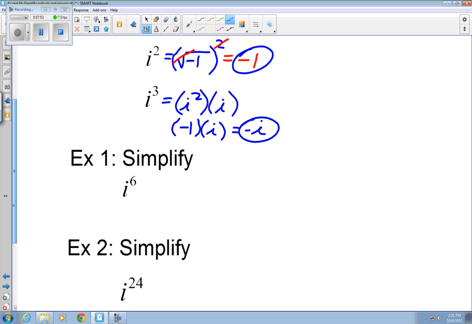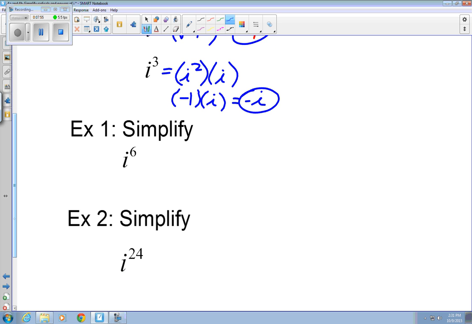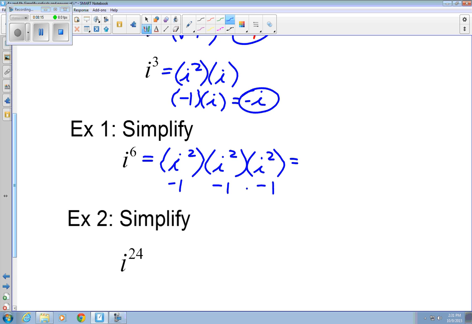Moving on to example 1 here. Okay, i to the 6th. How many i squareds does it take to get to i to the 6th? Well, it takes 3 of them. Each i squared is negative 1. Multiply those together, and you get negative 1.